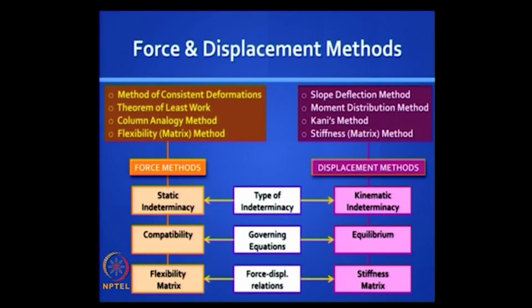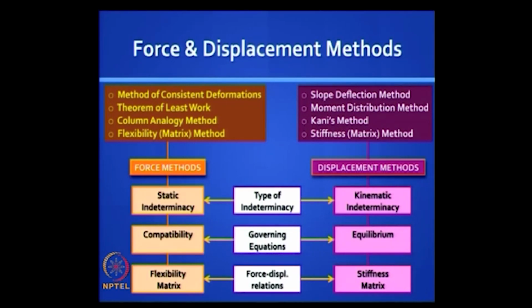There are many force methods, but we had looked in close detail at the method of consistent deformations and the theorem of least work. The column analogy method is an excellent manual method, but we are not covering it in this scope. And the flexibility matrix method is what we will look at in detail later.